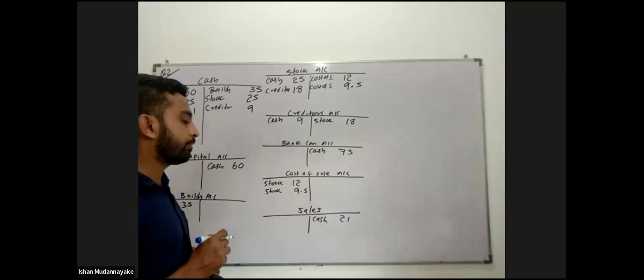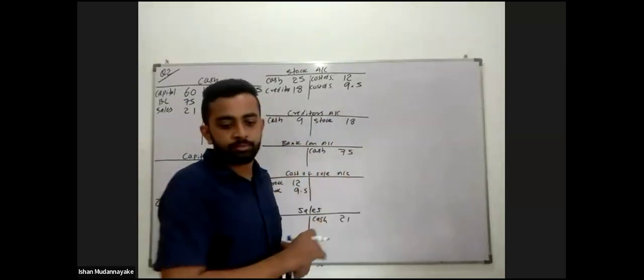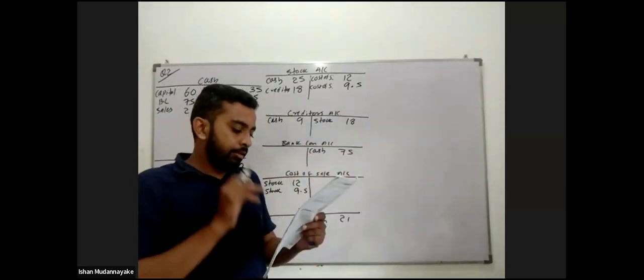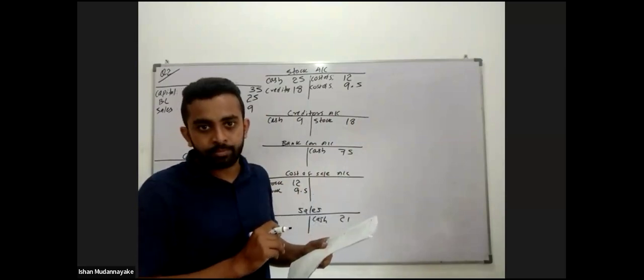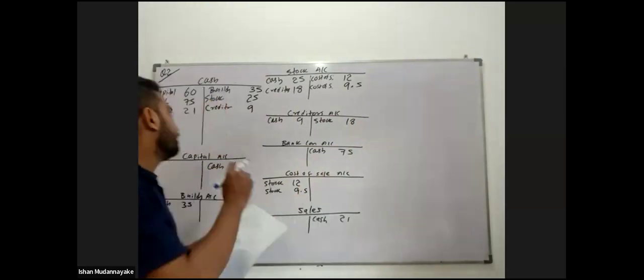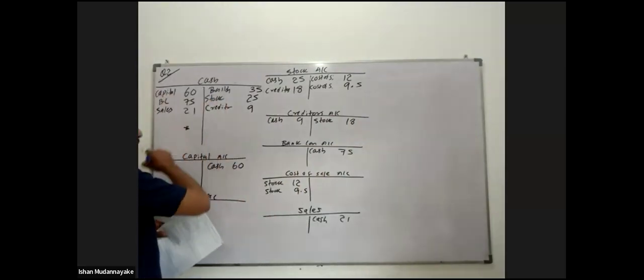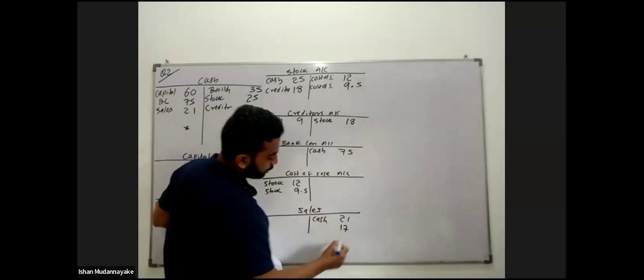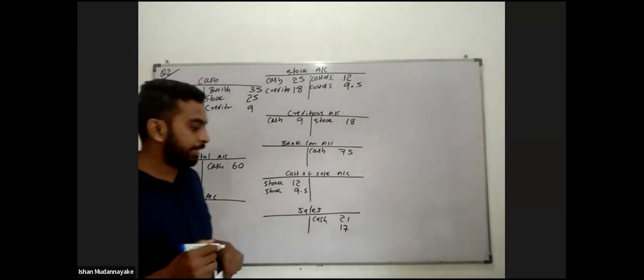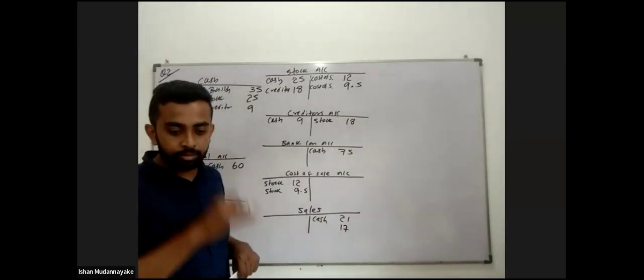Transferring 9,500 worth of stock to the customer, and then sales on credit basis. If you sold on cash basis, cash book debit, sales account credit. But here you have sold on credit basis, so we have to debit this 70,000 to the debtors account.